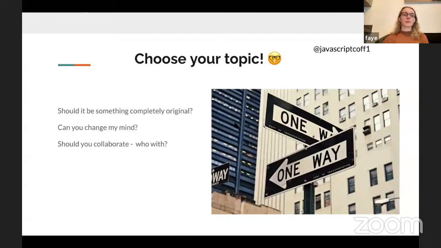Probably would be impossible unless you're writing about something that is completely new, maybe a new framework. Maybe you're going to write about every single new JavaScript framework that comes out. I think you'd be writing a lot. But yeah, so really you don't need to worry about people having written about it before.